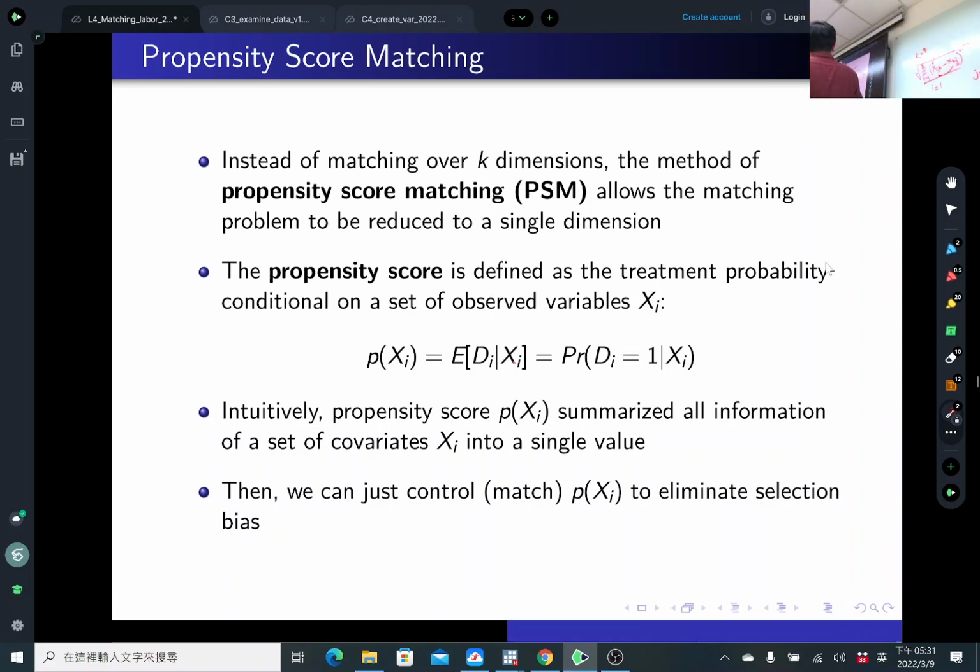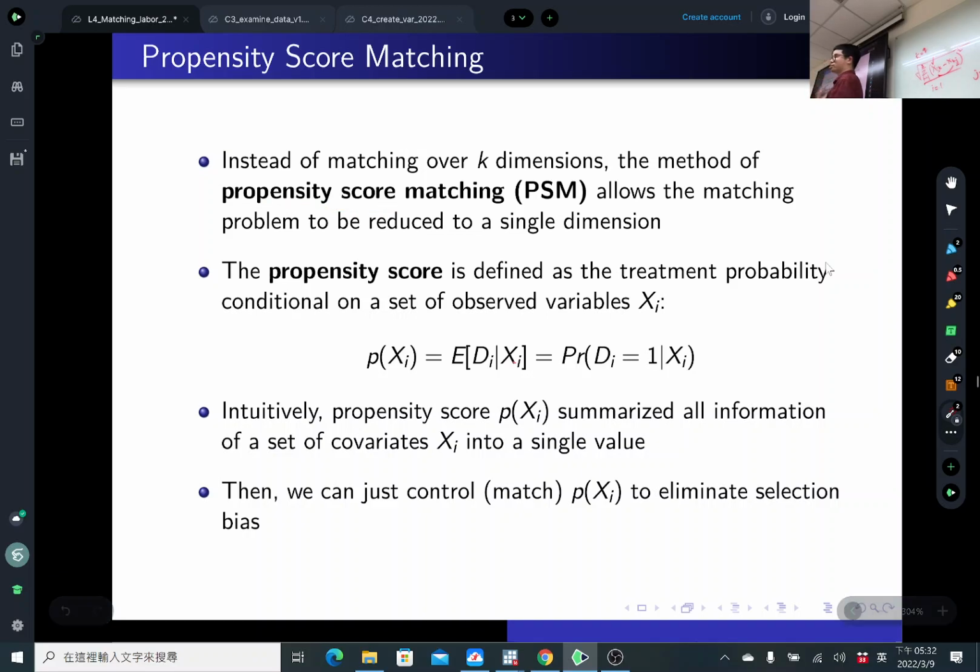So the main idea of propensity score matching is that instead of matching over k dimensions, very high dimension, 10 variables, with a lot of categories, the method of propensity score matching allows the matching problem to be reduced to a single dimension. You just need to match one variable called the propensity score.